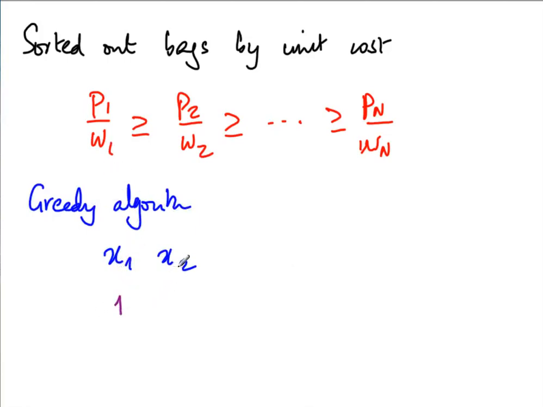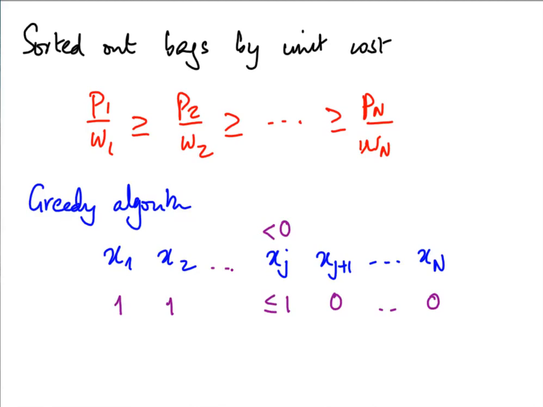Then we would pick up as much of x2 as possible, in general all the bag, and so on until we reach some xj where we are not able to pick up the entire bag. So we will come to some xj where we will typically pick up a value which is smaller than 1 but bigger than 0. And after j we don't look at anything because our knapsack is full. So we have all zeros.